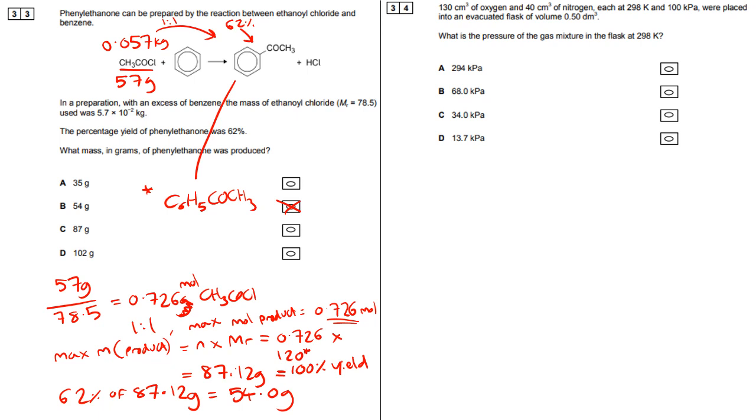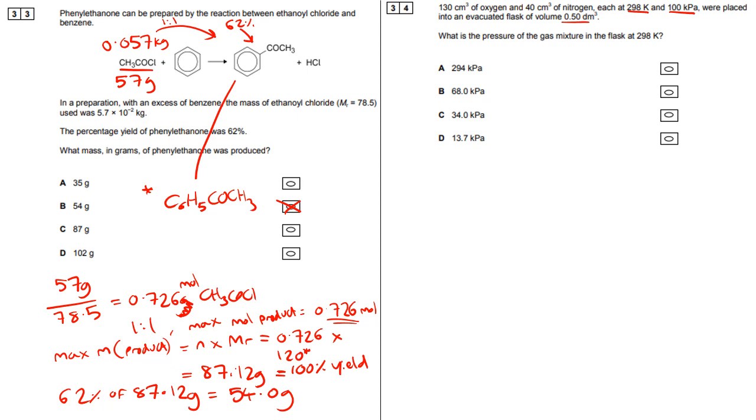Finally, question 34. So you've got a mixture, 130 centimetres cubed of oxygen, 40 centimetres cubed of nitrogen. Same temperature, same pressure, same volume. What's the pressure of the gas mixture in the flask at 298 Kelvin? So we're being asked to work out the total pressure there.